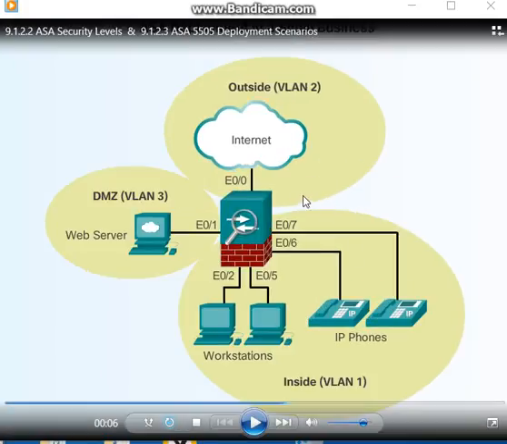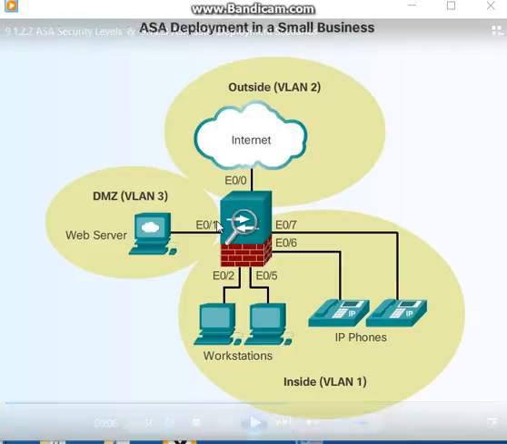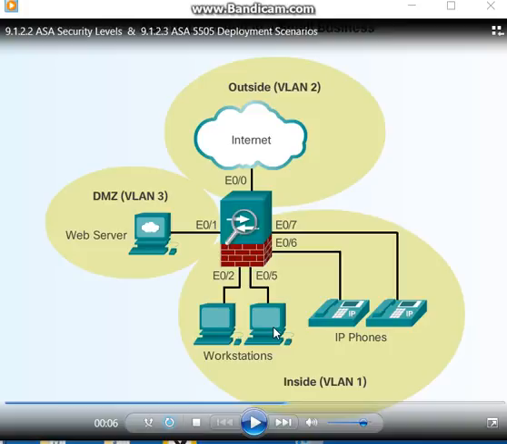So in these pictures, this is a small business, and we can see that the ASA 5505 is deployed with two different protected network segments. So 1 and 2, these are the two protected network segments. The inside network, which is VLAN 1, connects workstations and IP phones.